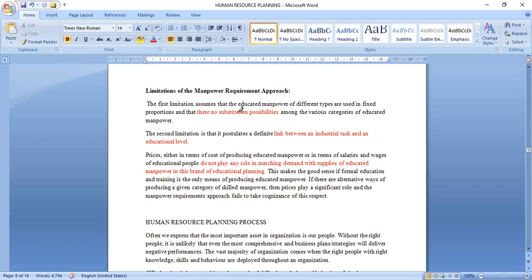It looks at human power, at labor, as human beings providing the labor, but it does not make provision that these human beings can be substituted by machines.